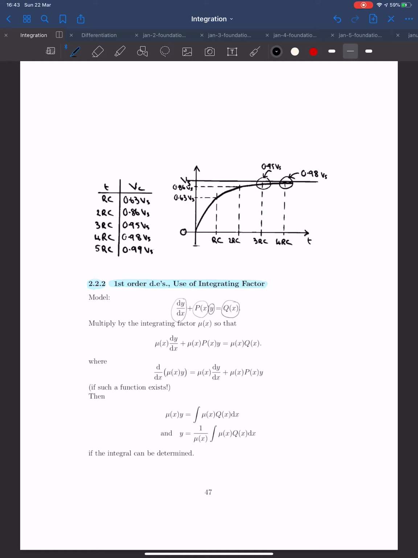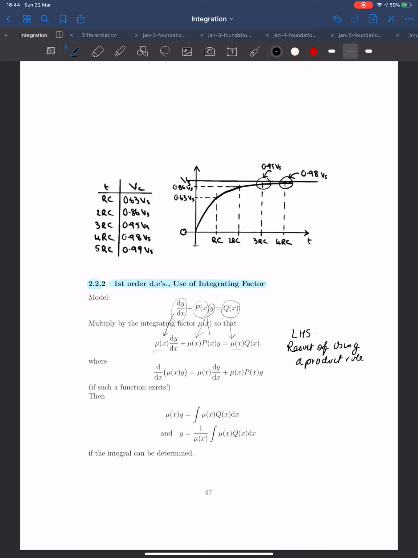Okay, now what we need to do, and I'll show you how to find the integrating factor soon, but the idea is, once you've got this integrating factor, you multiply everything by it. So dy by dx, the p of x y becomes multiplied by mu of x, and so does that there. The reason we've done this is that the left hand side, two things multiplied together, is the result of using a product rule, because when you do the product rule you end up with two things added together.